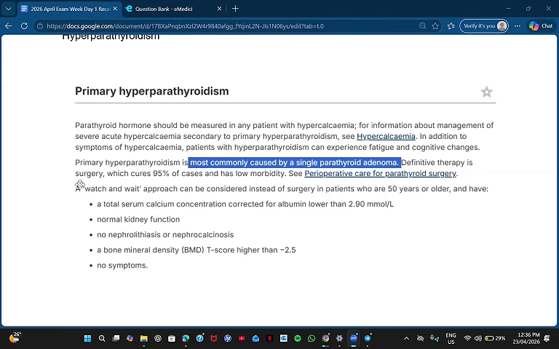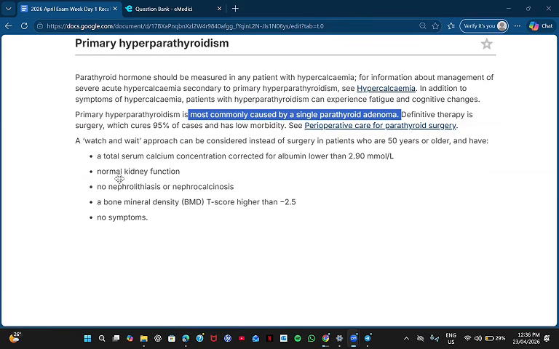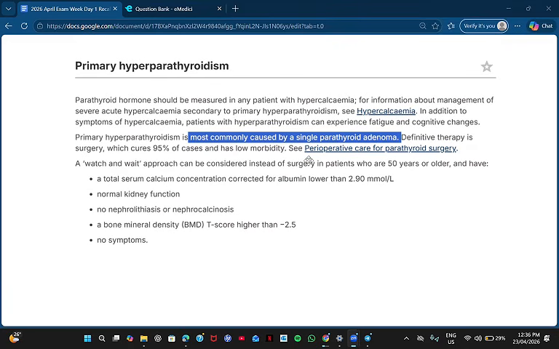So then how should we treat? A watch and wait approach can be considered instead of surgery in patients who are 50 years or older. Very important, right? If they give a scenario with primary hyperparathyroidism with adenoma, you always have to consider whether we go directly to surgery or not. Here they have given the watch and wait option as well for those 50 years or older, right?